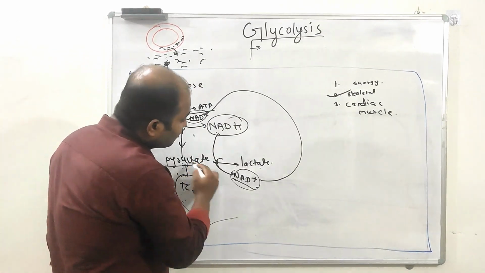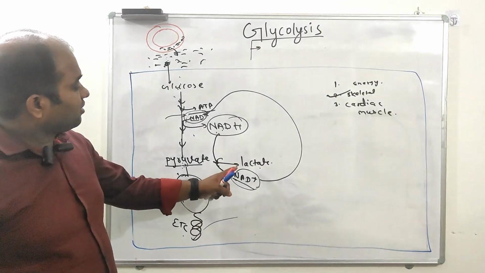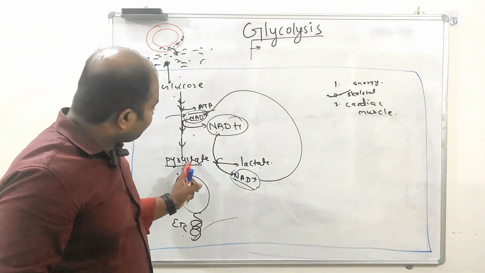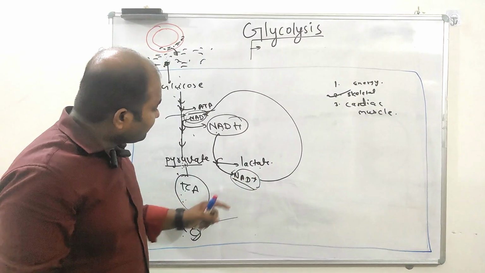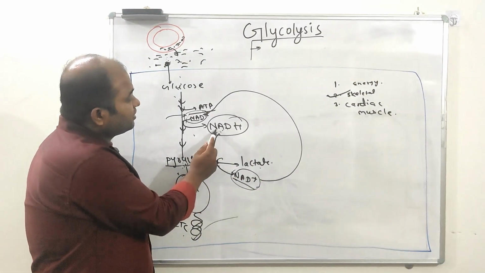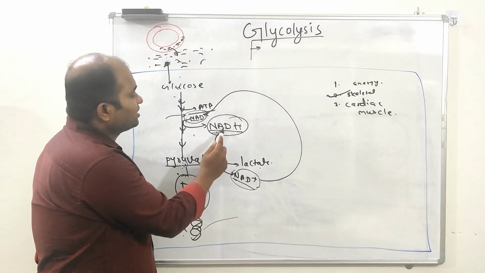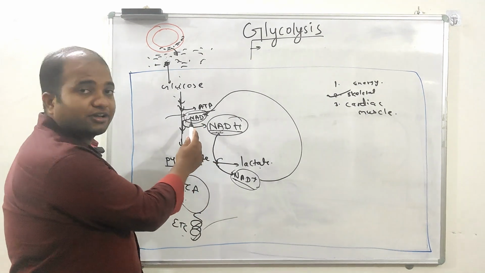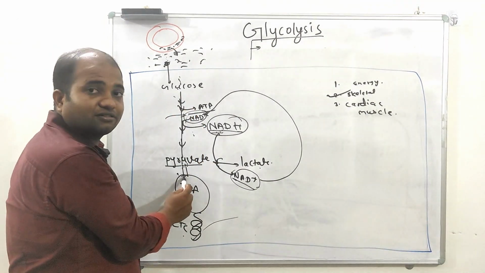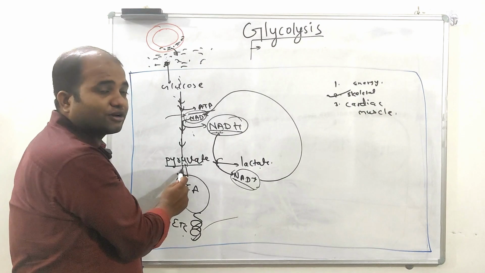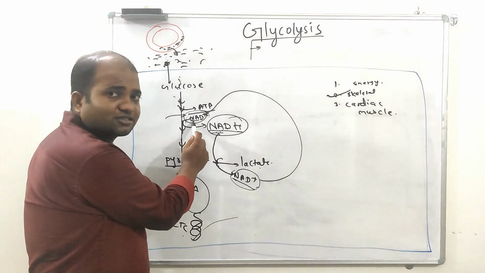So in anaerobic glycolysis, pyruvate converts into lactate, and at the same time NADH is converted, because it is trapped. We need enough NAD plus to run this cycle, glucose to pyruvate, right?